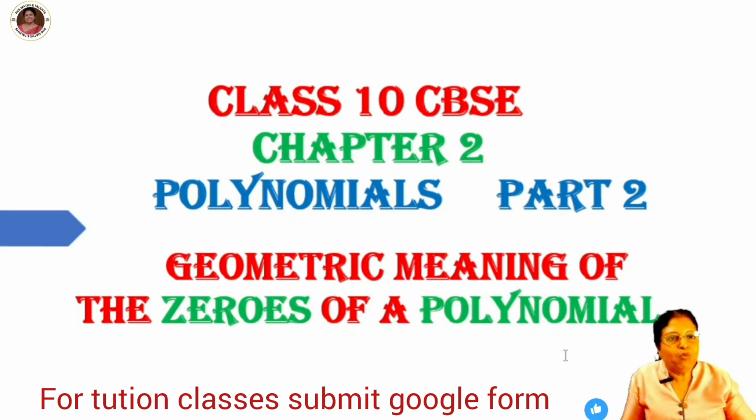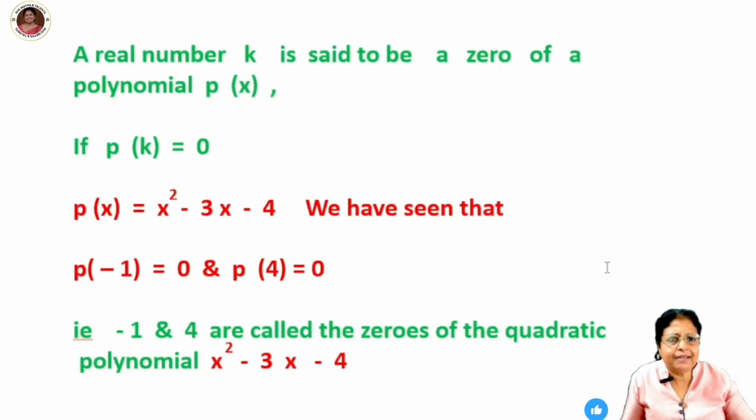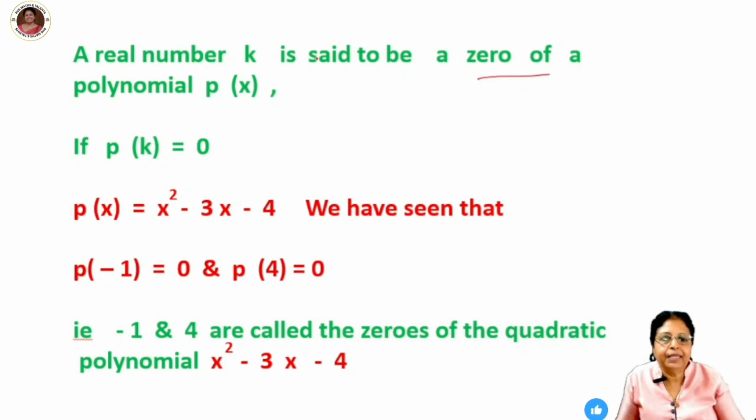Already we have seen what is polynomial, types of polynomials, degree of a polynomial, and zeros of a polynomial in part 1 class. Here we are studying the geometric meaning of the zeros of a polynomial. Let us just revise what is zeros of a polynomial. A real number k is said to be a zero of a polynomial p of x if p of k equal to 0.